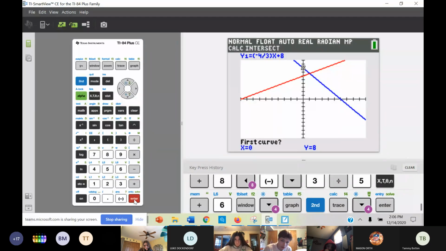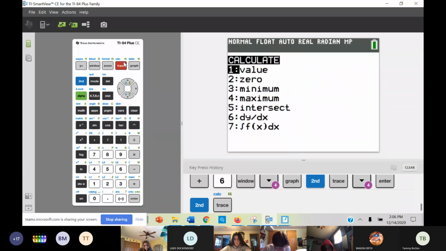Say that again. Sorry, I don't see that in my calculator. I clicked second and then trace, and then the only thing I see is value. I don't see it below value. You don't have 0, minimum, maximum? No. Is yours an older calculator? Mine is the TI-84 plus CE.